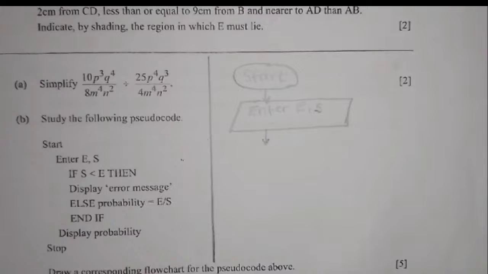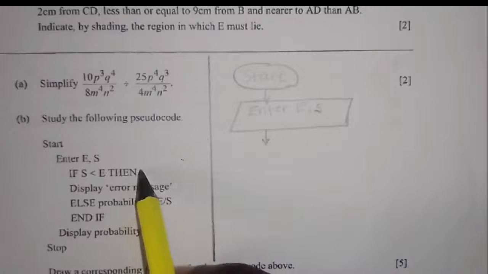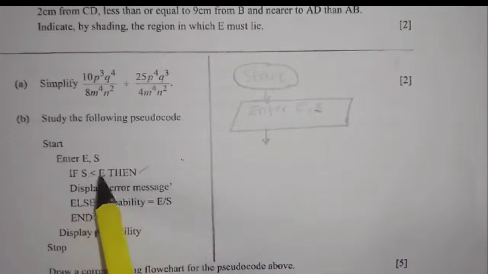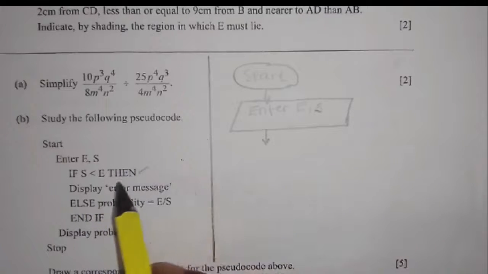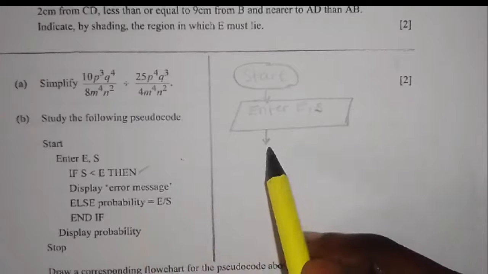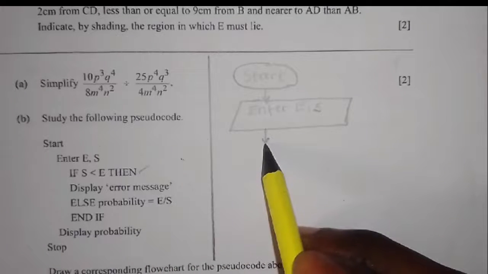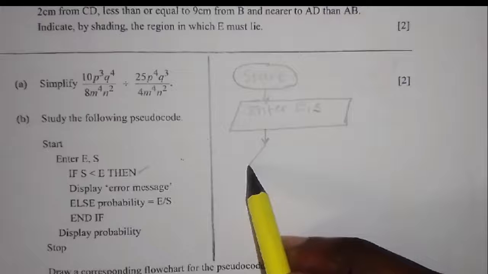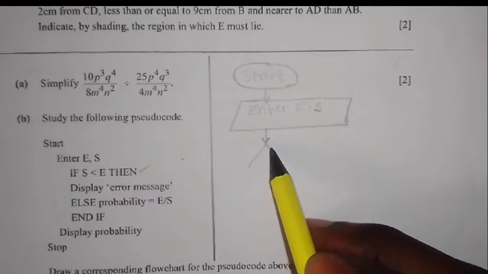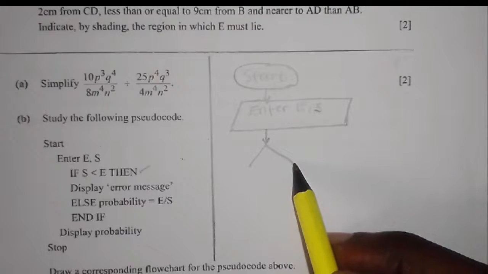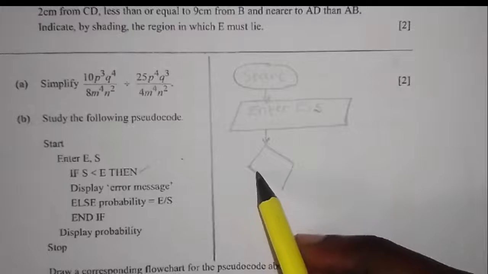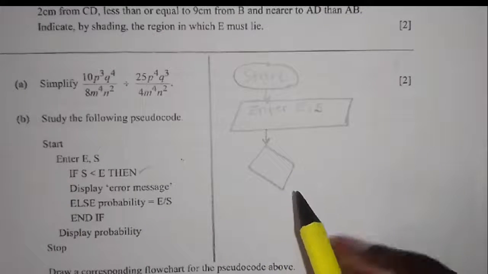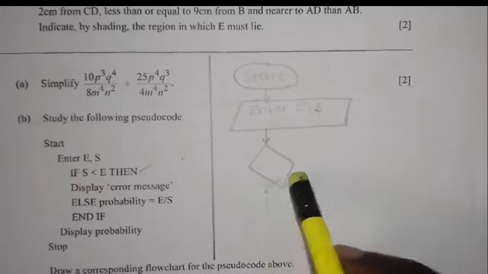Now this is a condition. When it comes to a condition, it is a decision. So whenever there is an if, you just draw a diamond.